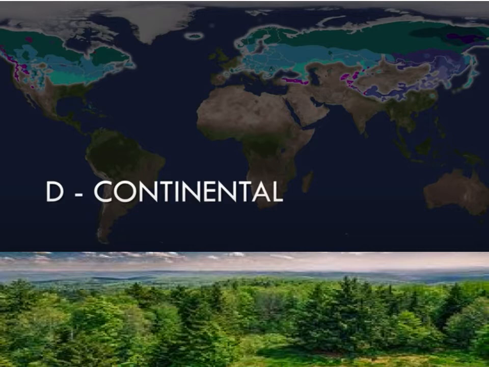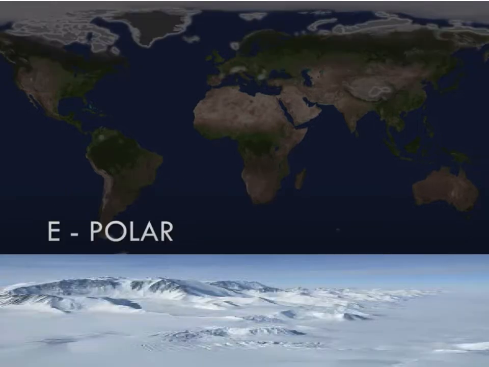Because of this continentality, they experience very cold winters. Then polar is the northern and southern poles of the planet, and in these areas it is cold all around the year, and sometimes it is completely frozen by ice.